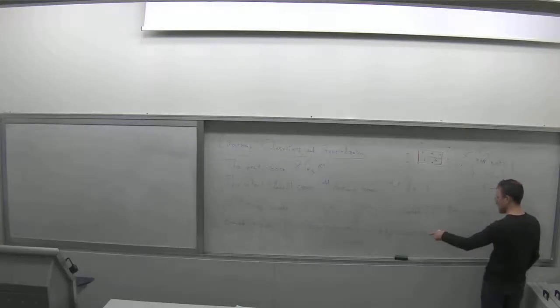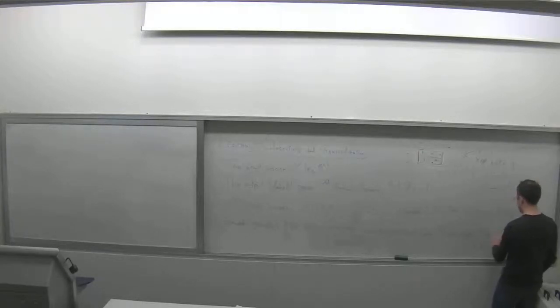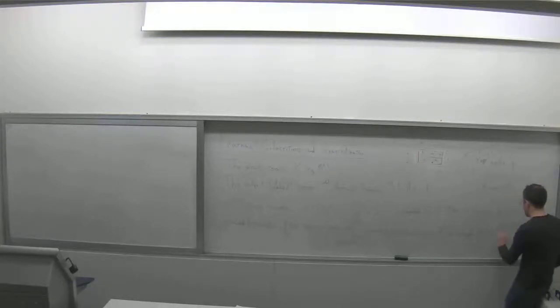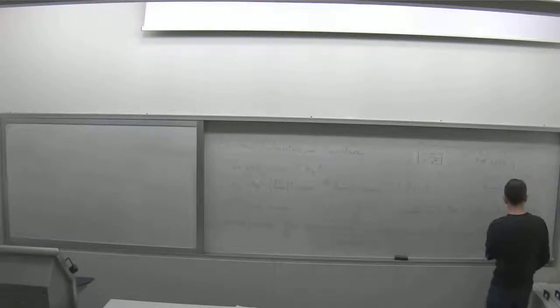So in this case, the probability that y equals plus given x is 1 if x is in the rectangle and 0 otherwise, okay?